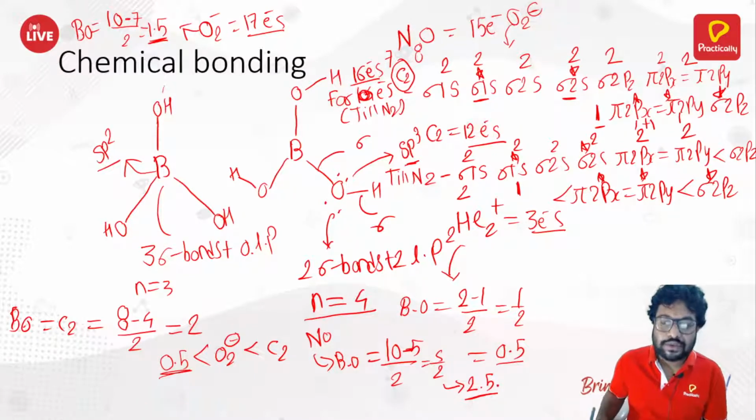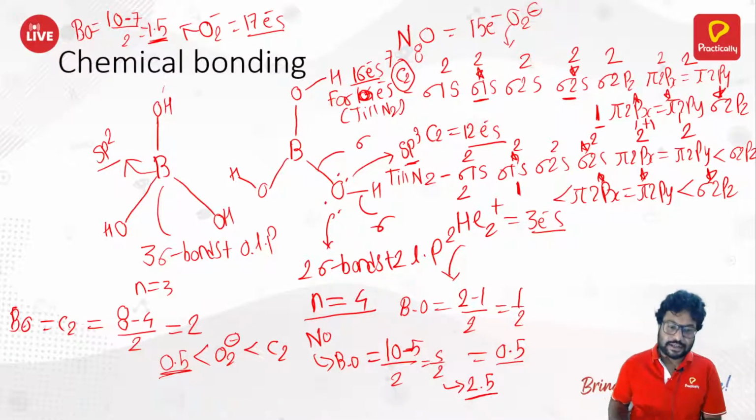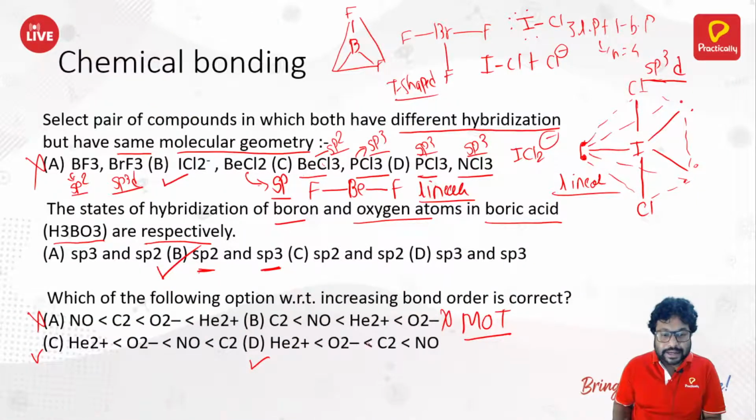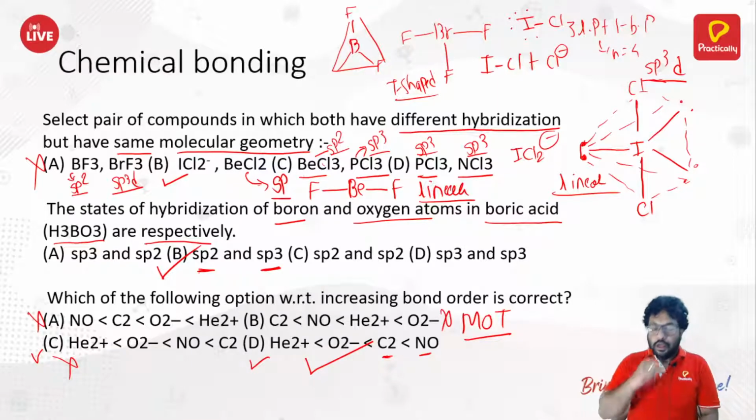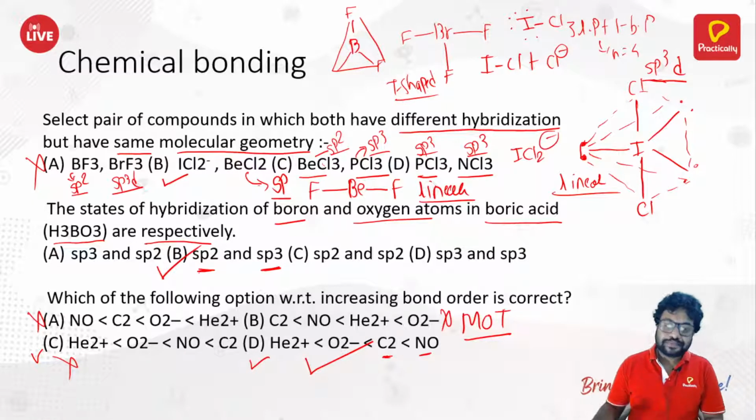So 2.5 is the correct answer. For C2 we know the bond order was 2. That means bond order for your NO has to be larger than C2. That is why the correct answer is D, where you can see the bond order of NO was larger than C2. That is why C is wrong and D is correct. Okay, that is how you can use the MOT to solve different types of numericals.